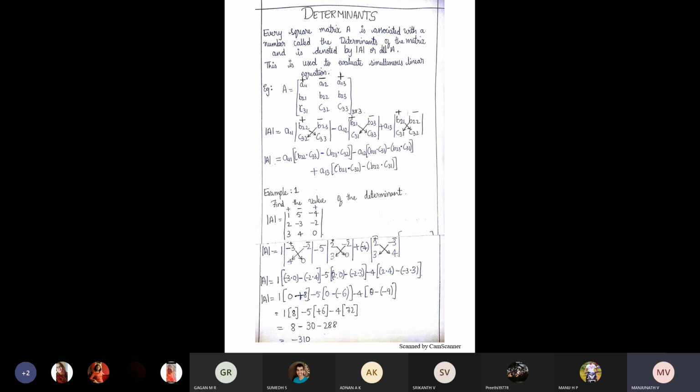It is A13, last column, first term. A13 represents first row and third column.